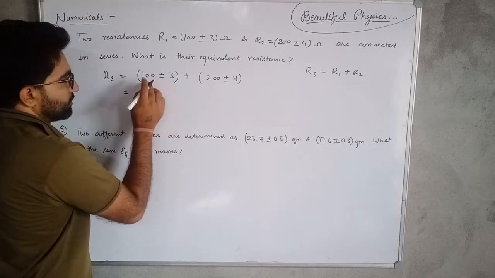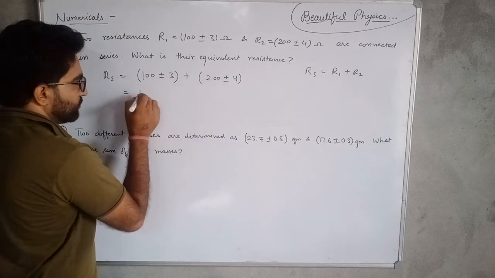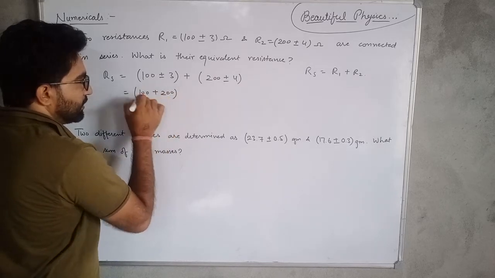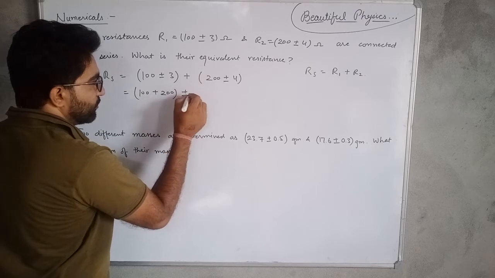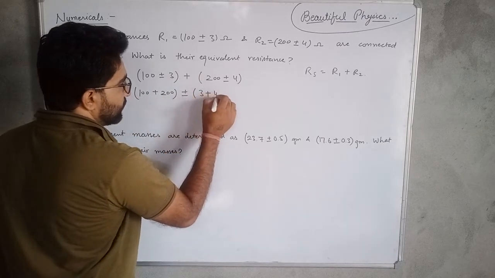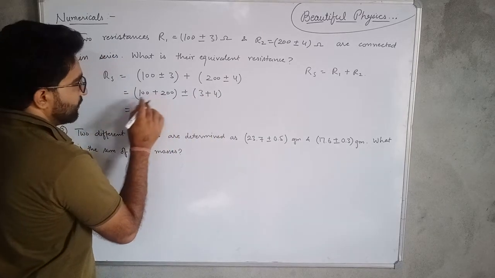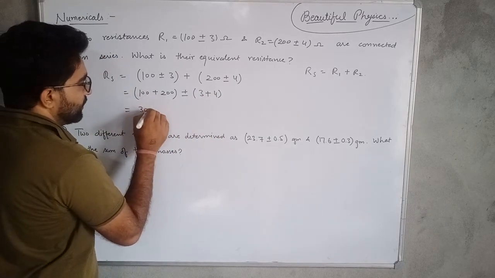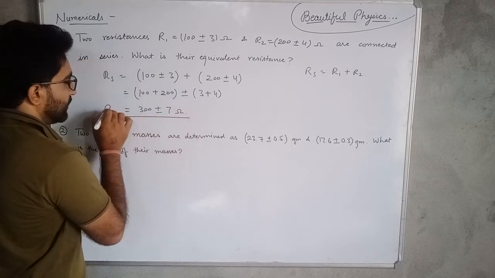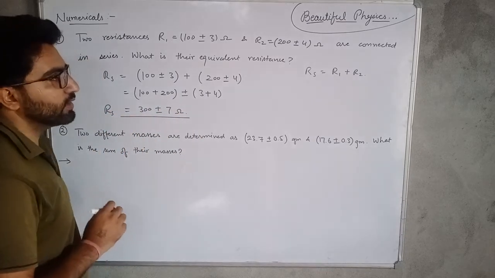We add these two values: 100 plus 200, with plus minus taken as common, and inside we have 3 plus 4. So the equivalent resistance of the combination is 300 plus minus 7 ohm.